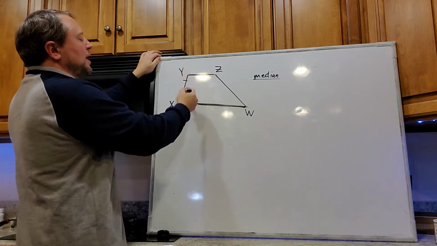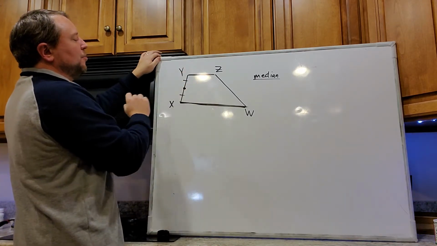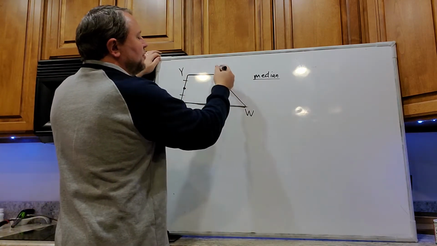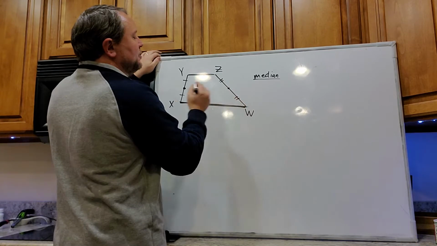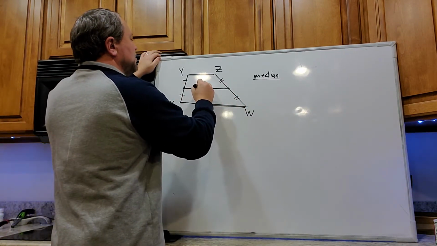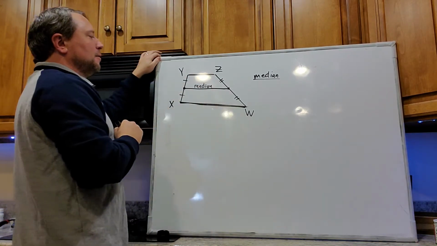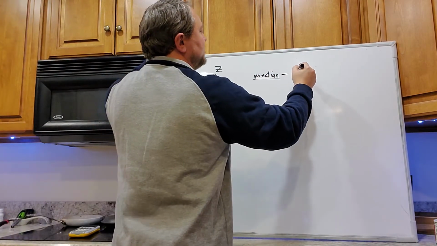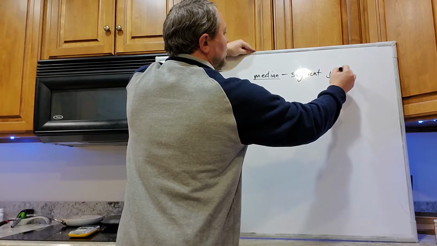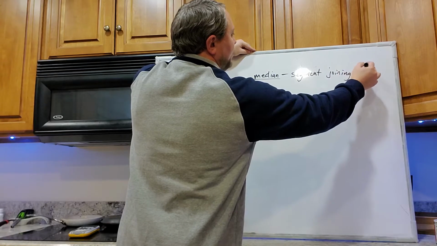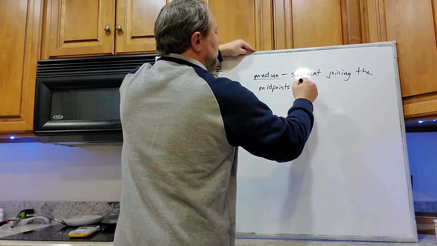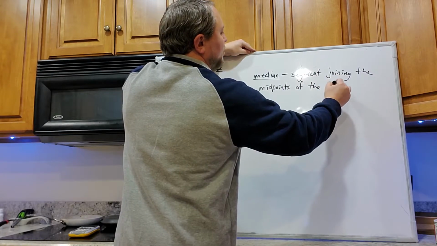So see this leg YX? Let's say right there's the middle, splitting that in half. And let's find the middle or midpoint of this leg as well, splitting that into 2 equal halves. And if you join the 2 midpoints, that's the median. Okay, so the median is simply a segment that's joining the midpoints of the legs.